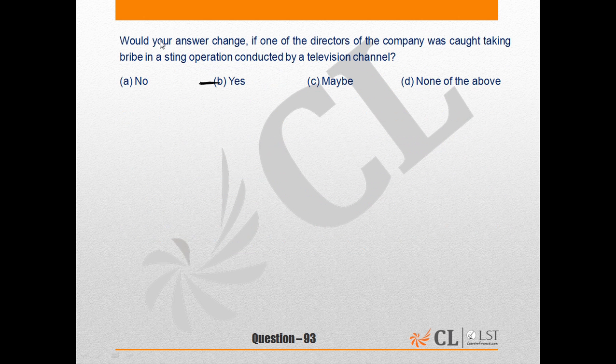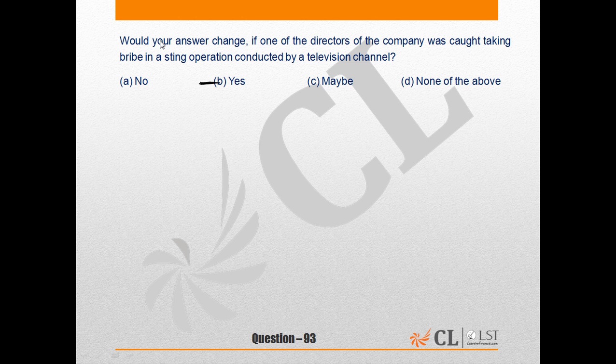Now in furtherance of this question we have question 93, which says would your answer change if one of the directors of the company was caught taking a bribe in a sting operation? In the first case there were only allegations, but question 93 says what if a person is caught in a sting operation?